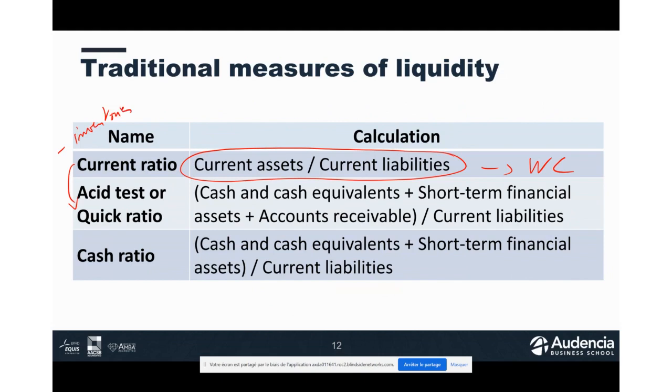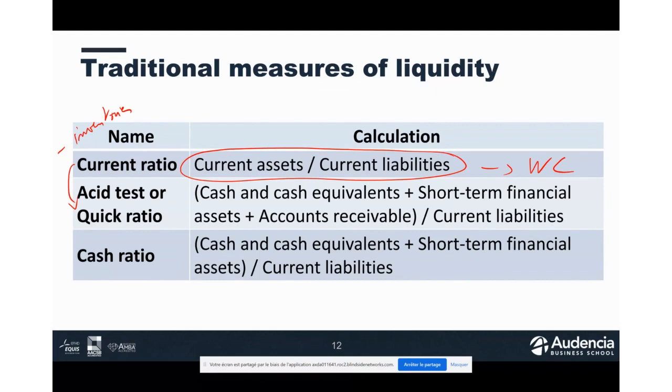So we suppose it's not so easy to sell the inventories and to collect the cash from the inventories. So it's better to have the cash or the account receivable than to have the inventories from the point of view of the liquidity. So from the current ratio of more than 1, we can finish with a quick ratio of less than 100%.